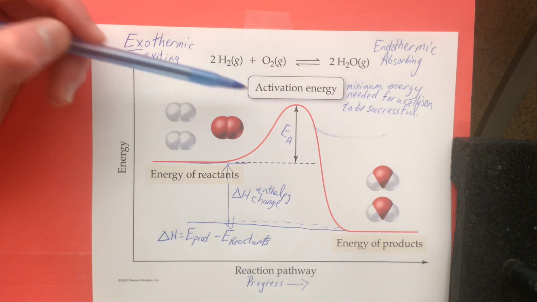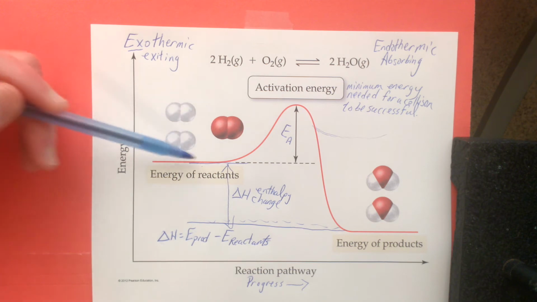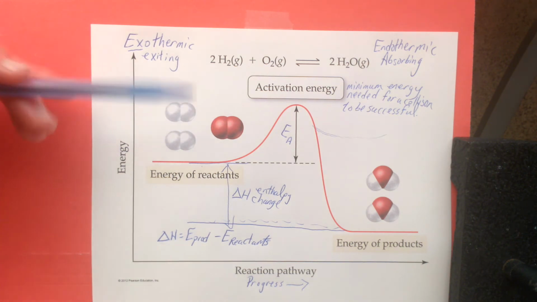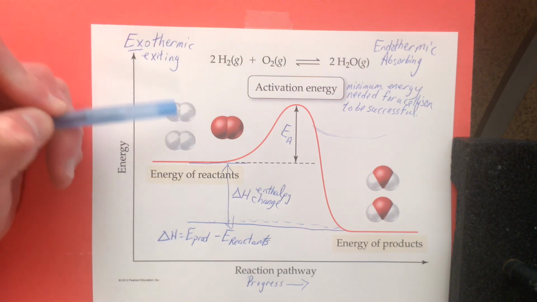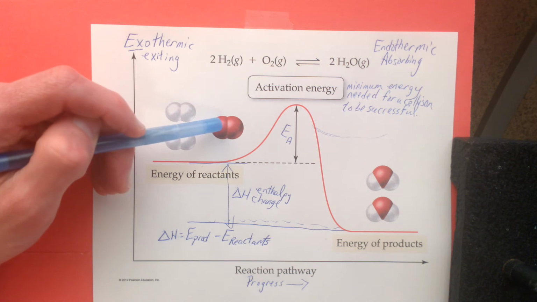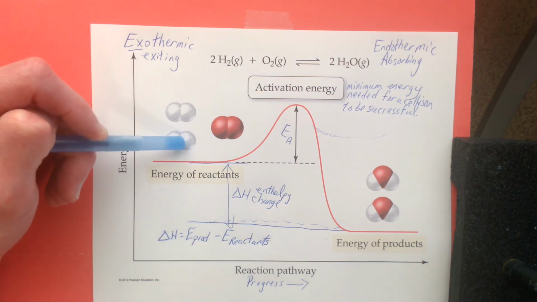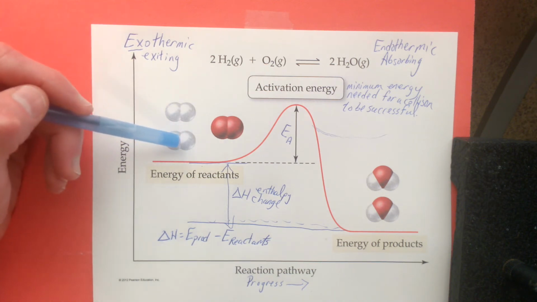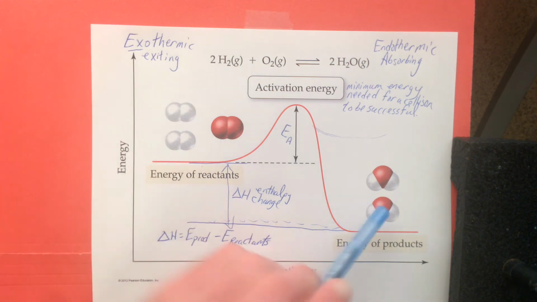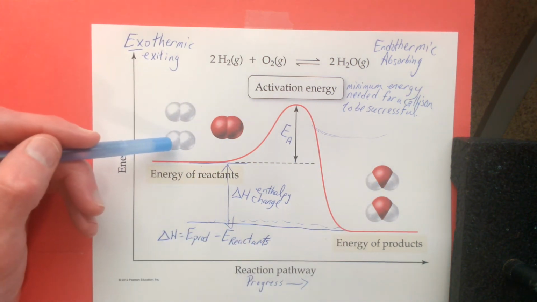The second factor is the molecules must collide with the proper orientation. What that means is the molecules that are reacting have to hit each other at the right position. For example, if these two hydrogens run into each other, it will not produce a water molecule because there's no oxygen involved.